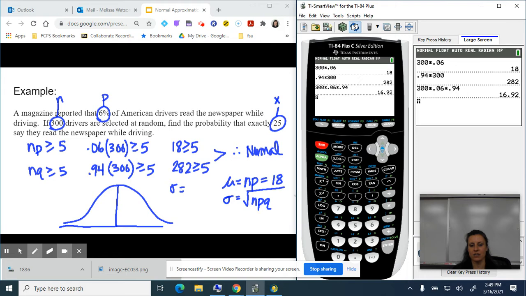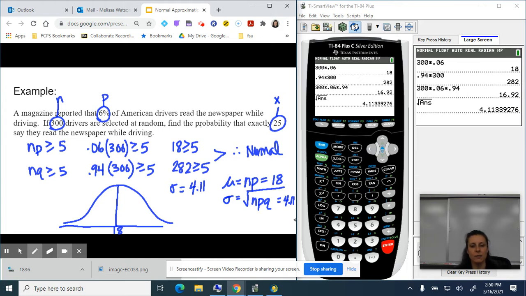I'm then going to take the square root of that number, and that's going to give me the standard deviation. So our standard deviation is approximately 4.11. Okay, I'm going to label the mean in the center. And of course, I just listed the standard deviation off to the side, so I'd have it there.